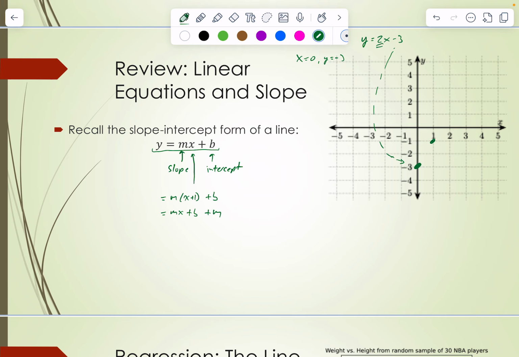Another way to think about this is to recall that m equals the rise, or the change in y, over the run. So that's change in y over change in x.